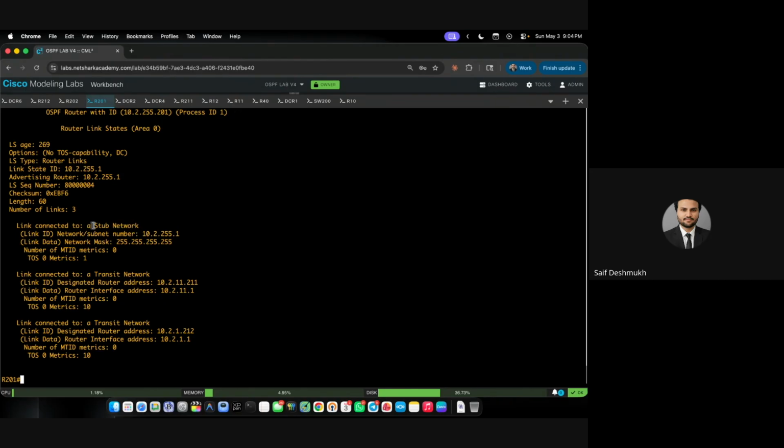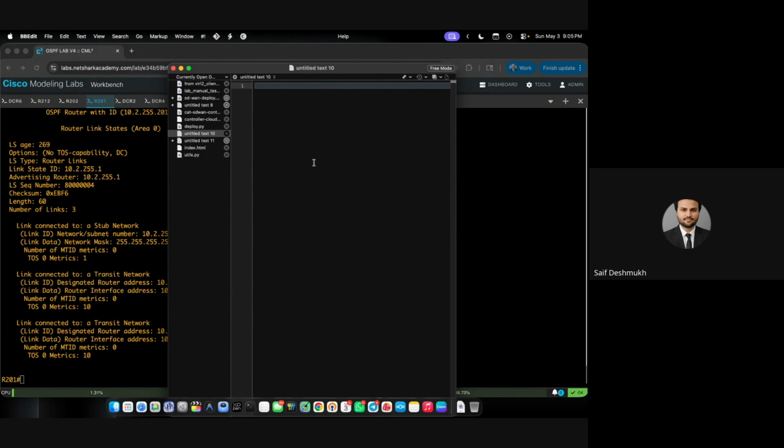So a stub network. Its IP address is 10.2.255.1. So it's safe to assume, I'm going to just pick, interface loopback 0, IP address 10.1.255.1 and /32.